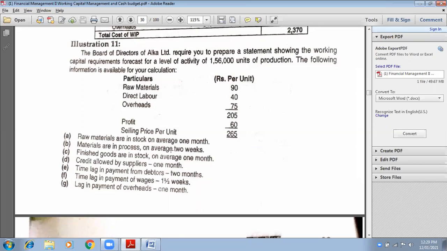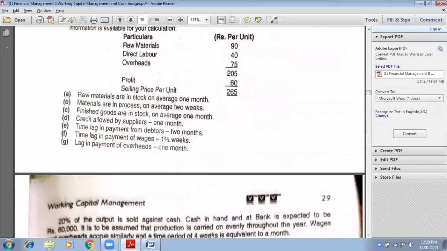So tell me, what is the period? 1 month. But we are not writing 1 month now. We are converting 1 month into how many weeks? 4 weeks. Very good. In 1 month, we have 4 weeks, so in the period column, you will write 4. Now, in units, how many units are there? 3,000.